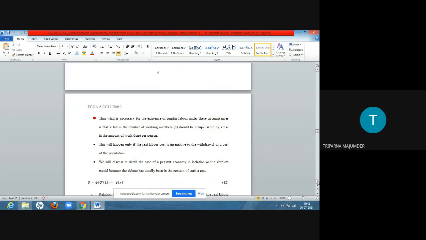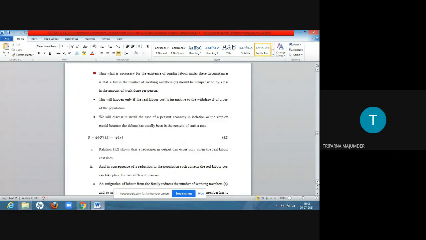Now, what was our real labor cost? X. We will discuss in detail the case of peasant economy in isolation, or the simplest model, because the debate has usually been in the context of such a case. Now, Q is equal to psi of Q dash, L is equal to psi of X. This we have seen earlier from our equation 12.